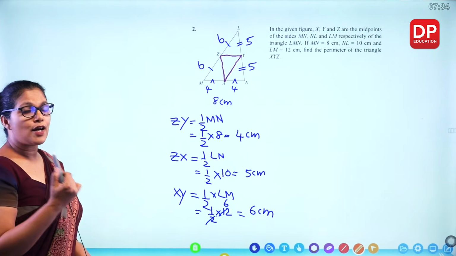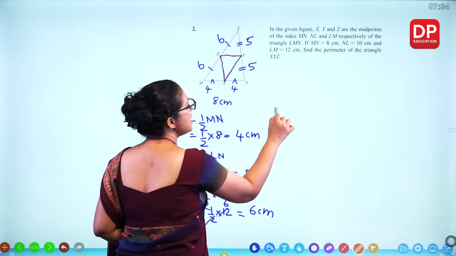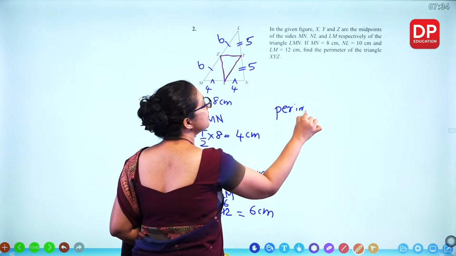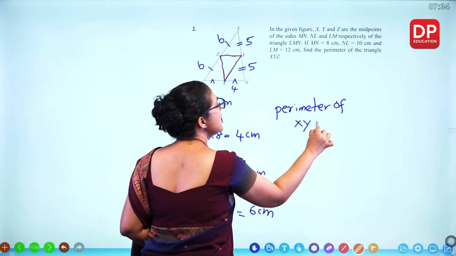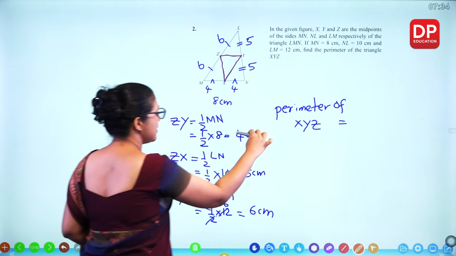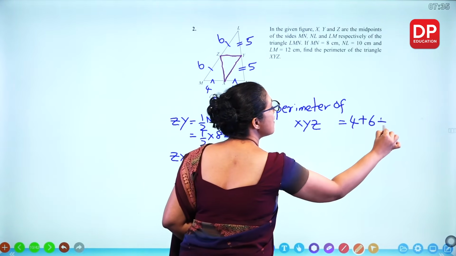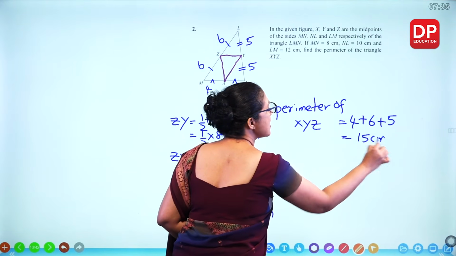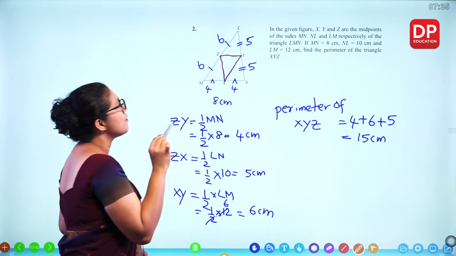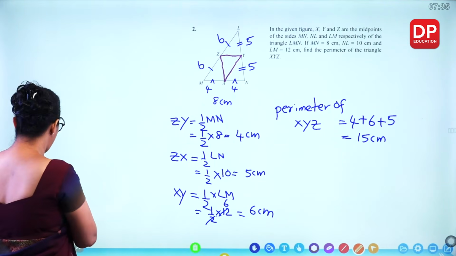So how can we find the perimeter of triangle XYZ? The perimeter of XYZ is just adding these three lengths: 4 plus 6 plus 5. That's 15 centimeters. So the answer for this question is 15 centimeters.